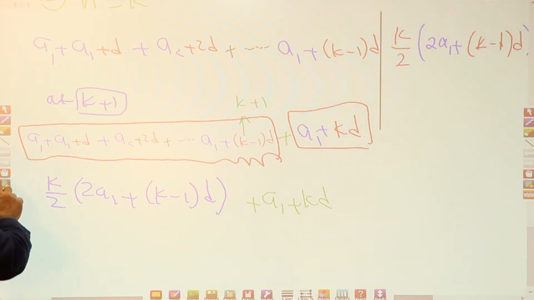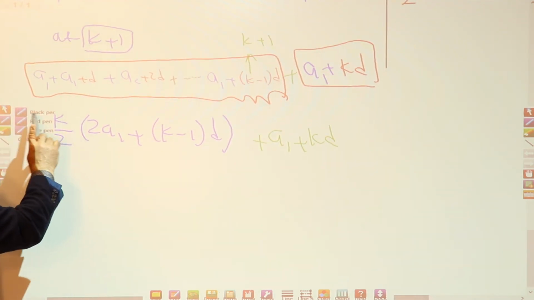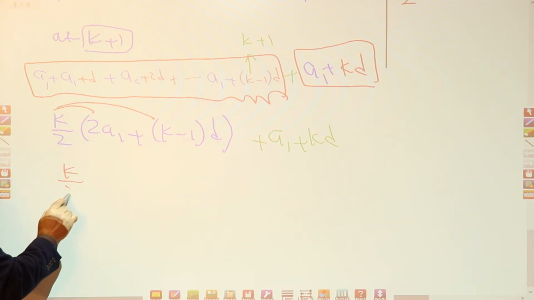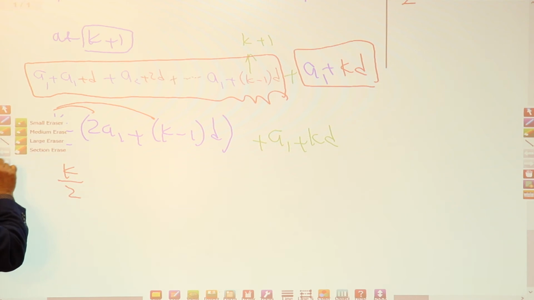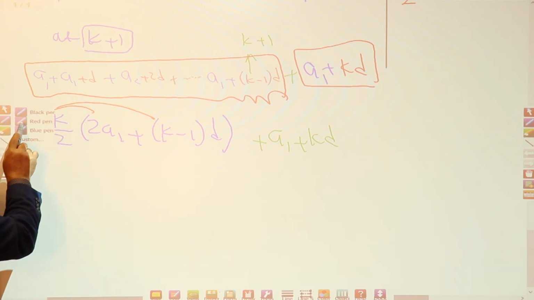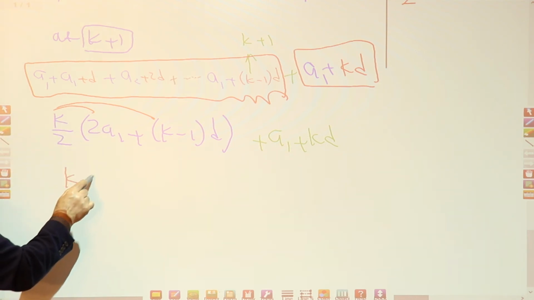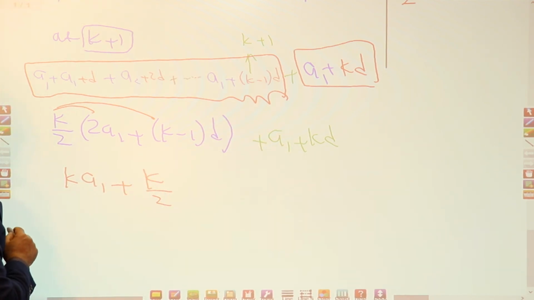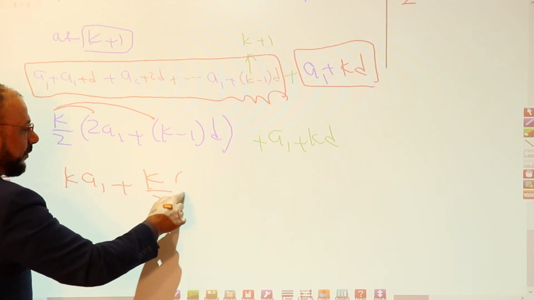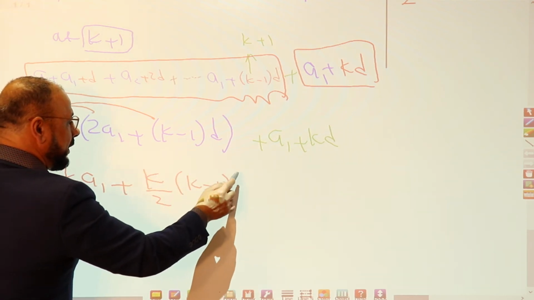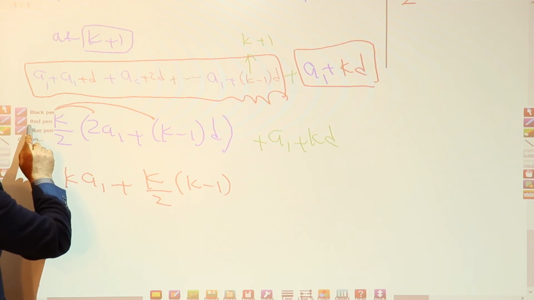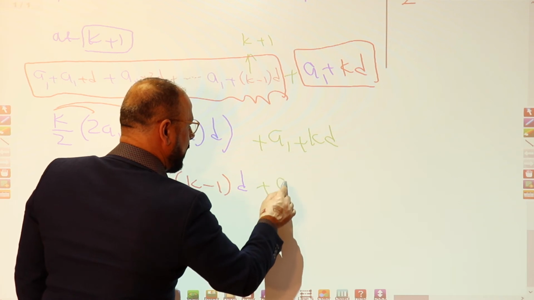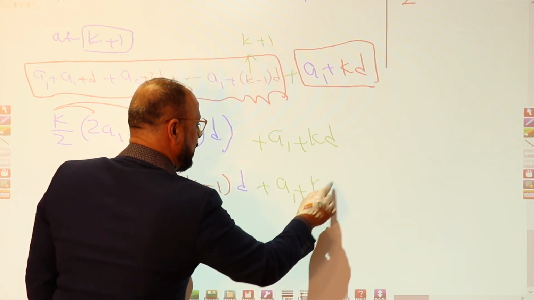Good. Multiply k over 2 times 2a1, which is ka1, right? Plus k over 2, and here we have k minus 1 and d, plus a1 plus kd.